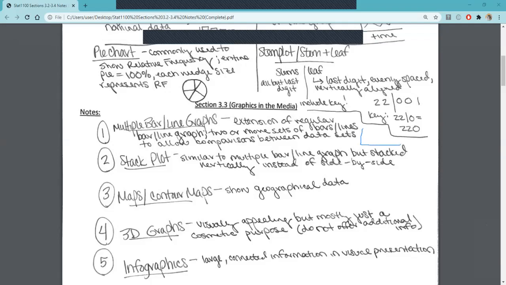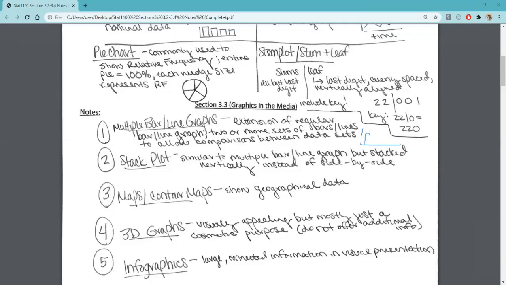So for example, if this was our normal bar graph, here we're looking at 2 or more sets of bars. So right next to that, we're going to have some other value.